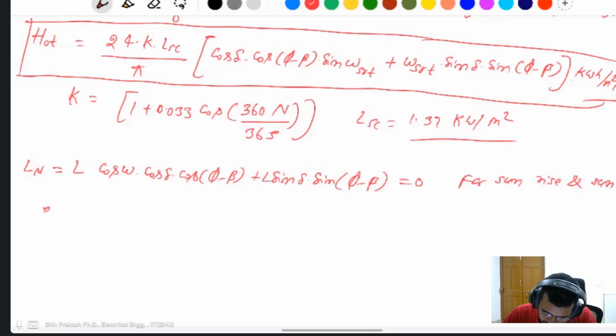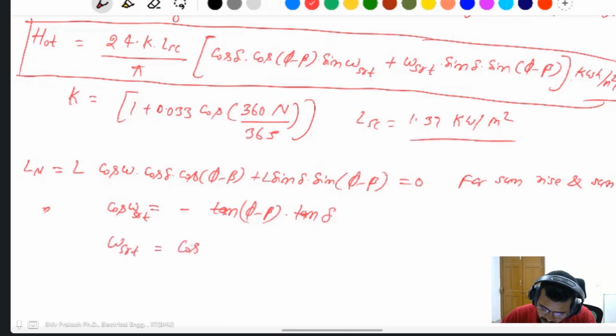Then you can find the cos omega SRT, where SRT is the tilted angle. We take a minus of tan phi minus beta into tan delta, so omega SRT is cos inverse of minus tan phi minus beta into tan delta.